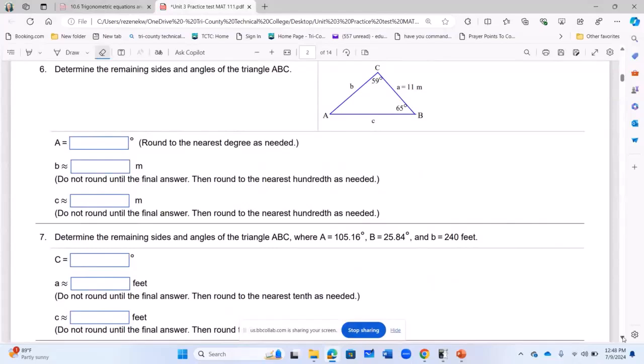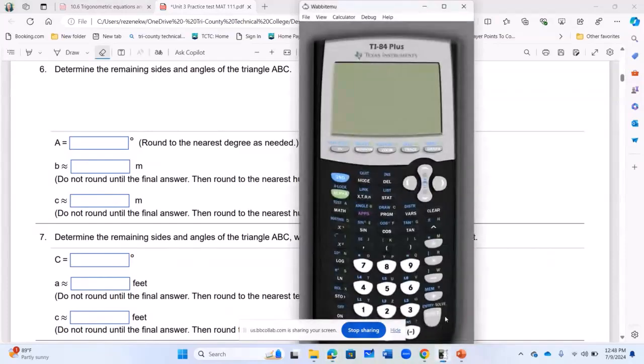We're given 2 angles, and we can find the missing angle. This time, they did not ask us to leave our answer in exact form. That means we can use our calculator to simplify. So I can just quickly get my calculator and find the missing angle.